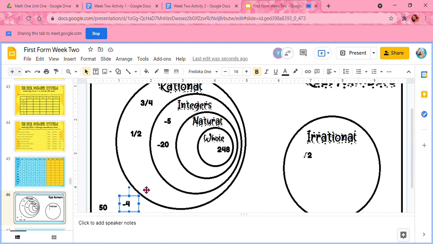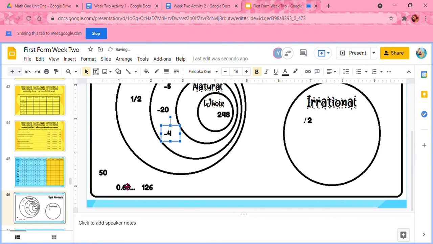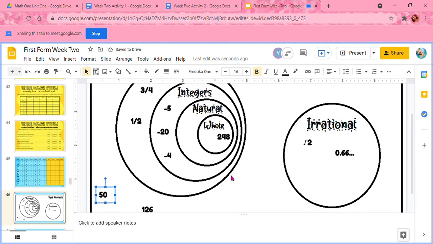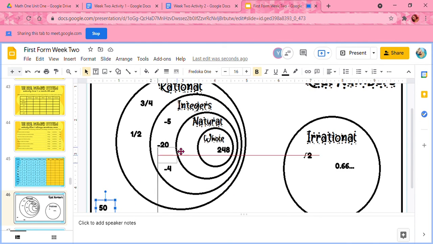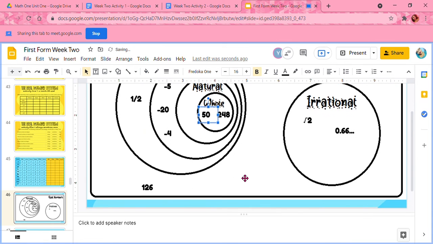Integer. Integers. What about 0.66 never ending? Irrational, very good. What about 50? Whole number. What about 126? Whole number.